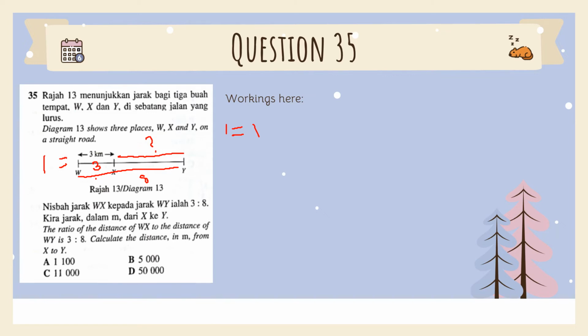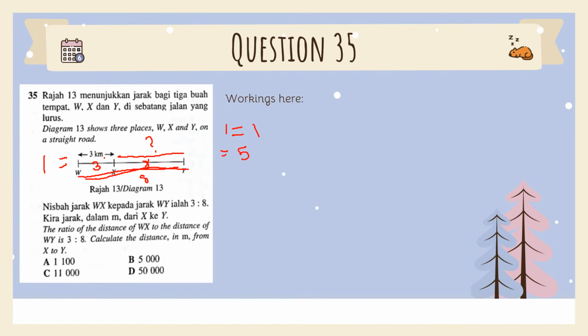Okay, now we have to find W to Y equals 8. Because we said 3 is 3, so 8 will be 8 also. Now in order to find X to Y, since this whole thing is 8, so 8 minus 3 equals 5.